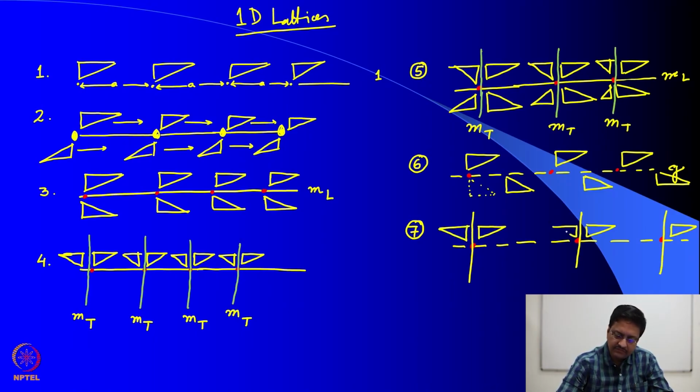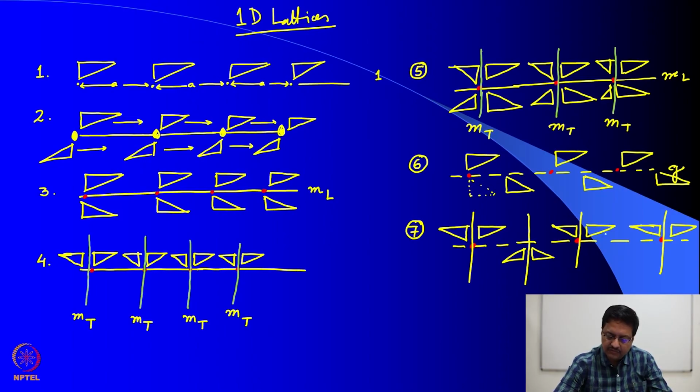So I am now first drawing the transverse mirror related object, and then we apply the glide plane on both. So when you apply the glide plane here, it goes to this point, and this comes here, generating a transverse mirror in between.